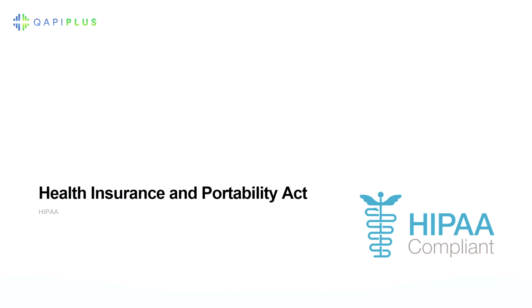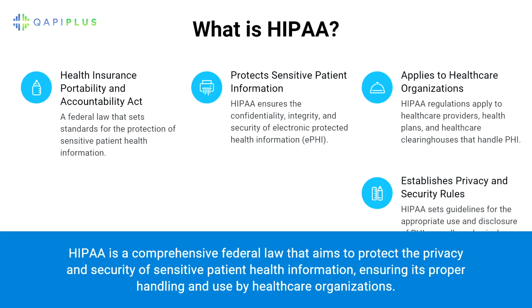Okay, so those are some of the ways that we can start to think about best practices for our patients. Now we want to talk a little bit more specifically about why we have HIPAA, right? We're just going to touch on this a little bit. It is a federal law, a governmental regulation that sets the standards for the protection of sensitive patient health information.